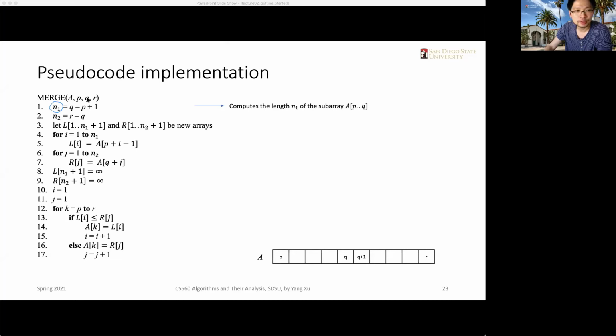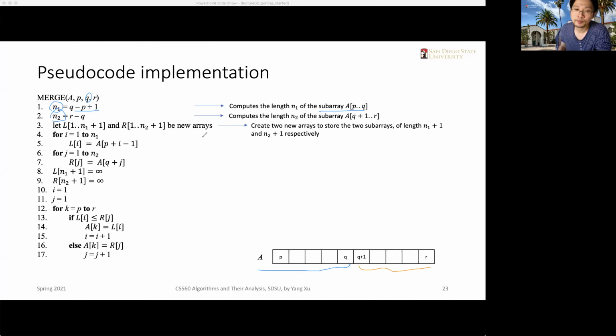N1 is Q minus P plus 1. That is the length of the subarray from AP to AQ. Line 2 computes N2, which is the length of the second half from AQ plus 1 to AR.